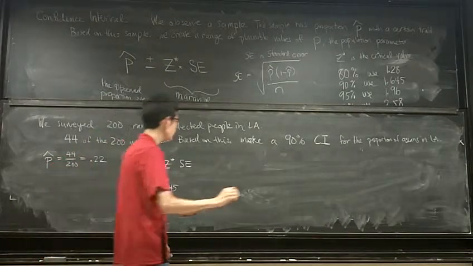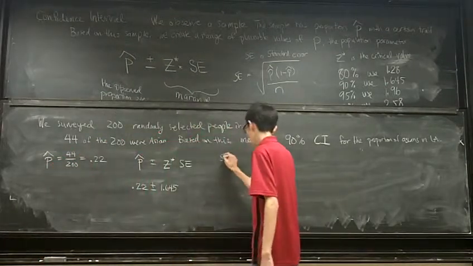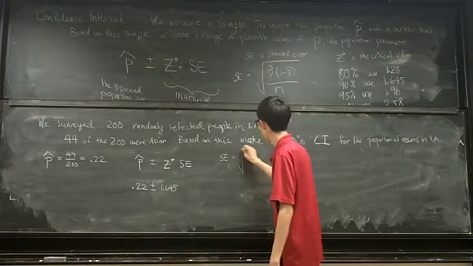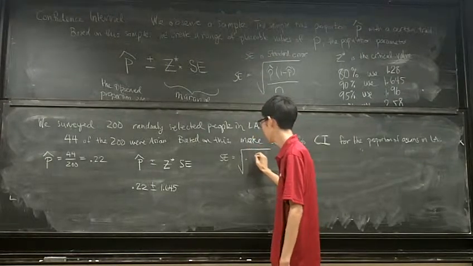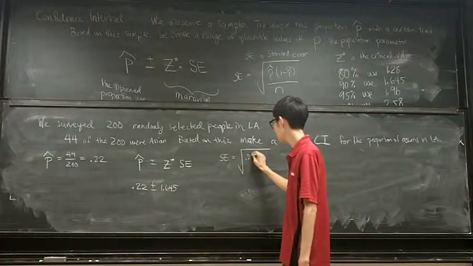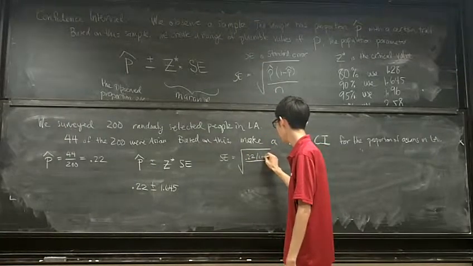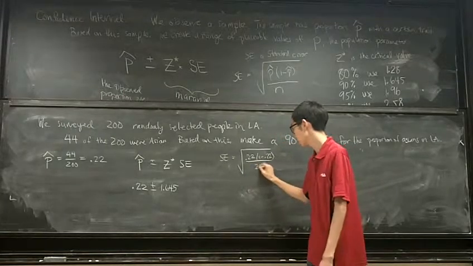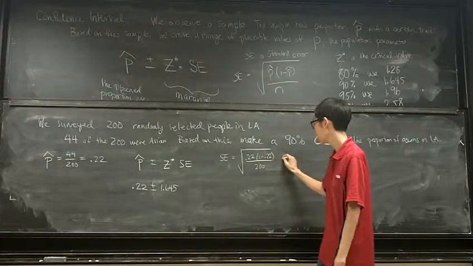And then my standard error is what? How do I find my standard error? It's going to be the square root of 0.22 times 1 minus 0.22 divided by 200. Okay, and I square root the whole thing.